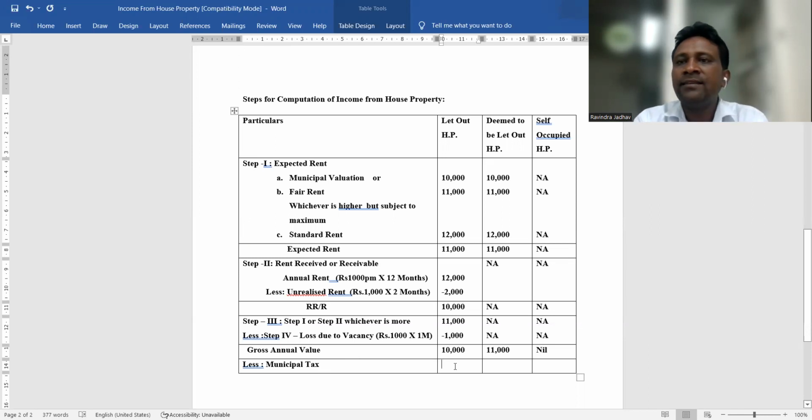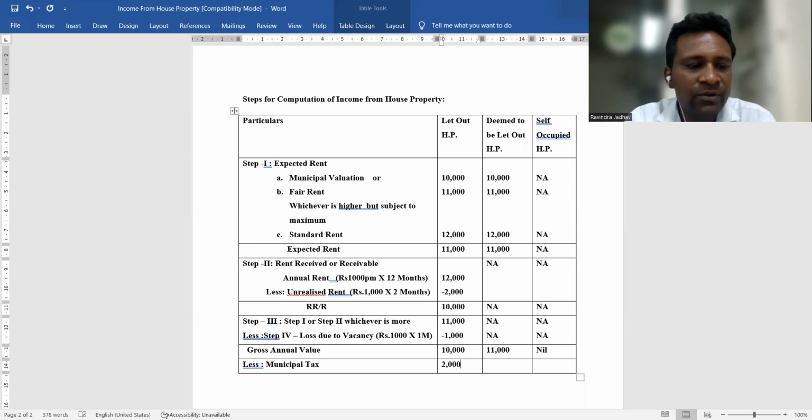Okay, it is given in the problem. For example, 2,000, 3,000, 5,000, whatever that particular amount is given, we just deduct the municipal taxes from gross annual value. For example, in this case, it is given rupees 2,000 for both houses. It is always not applicable for self-occupied house property because its gross annual value is already nil, zero. That means such deduction is not allowed for self-occupied house property.